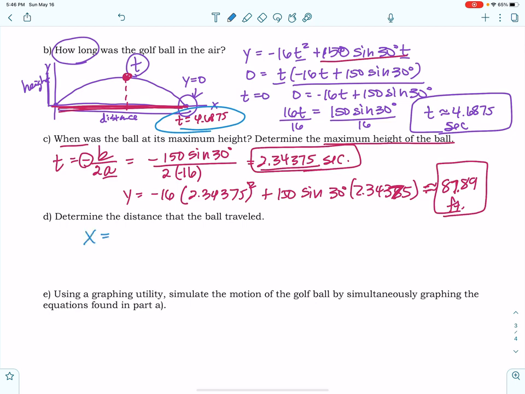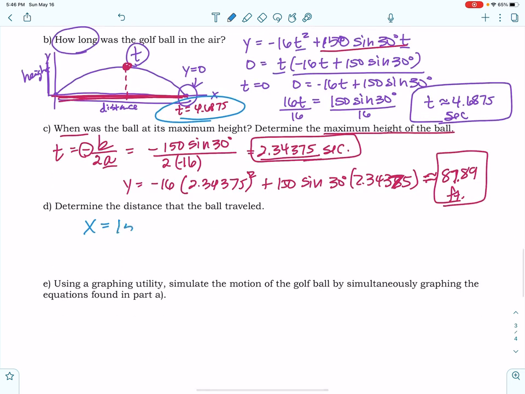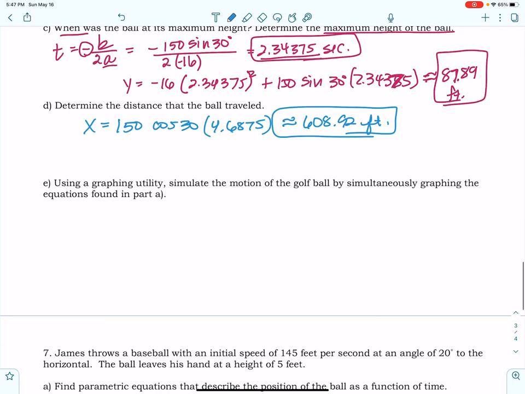So I'm going to use my x equation now, this one right here. So 150 times the cosine of 30 degrees. And what is t? Well, it was in the air this long, so 4.6875. And then again, we'll type that in the calculator. We get approximately 608.92 feet. Awesome. And I can't show you the calculator here, and Desmos doesn't do parametrics the way I like, so we're not going to do this part.